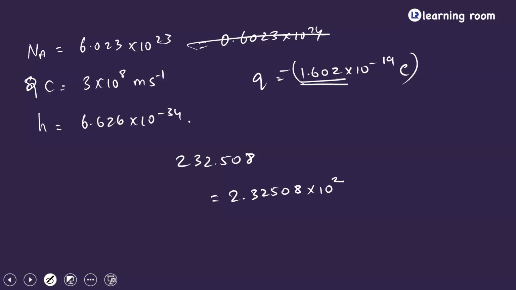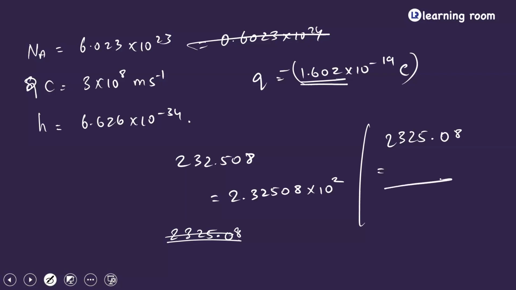Now the same value, 2325.08 into 10 to the power minus 4? You have to write scientific notation. Let's take this itself, the value that you have told, 2325.08.